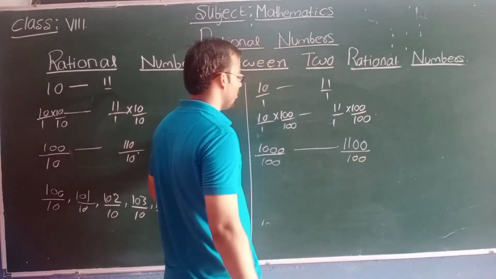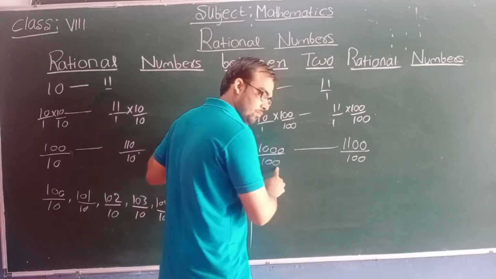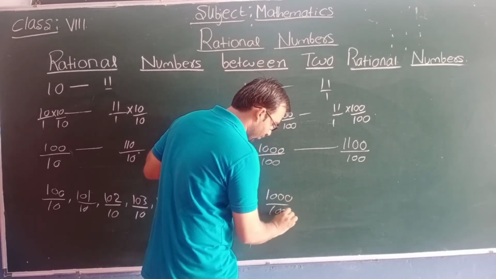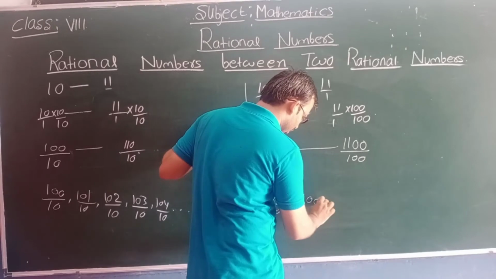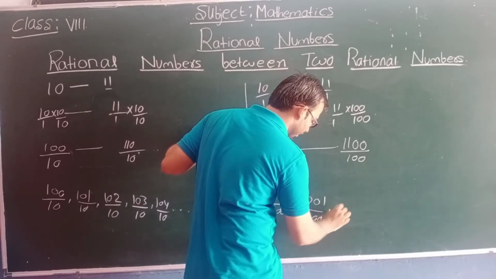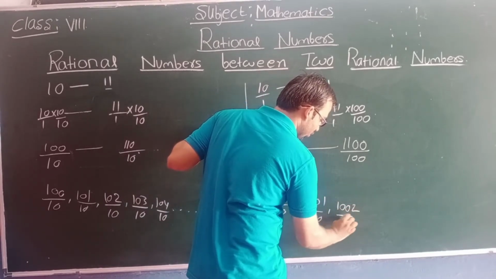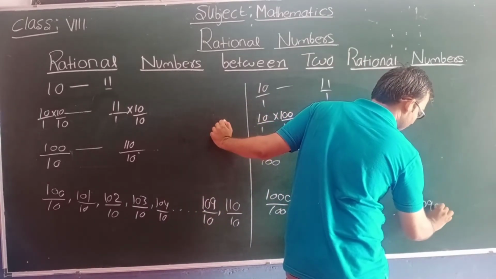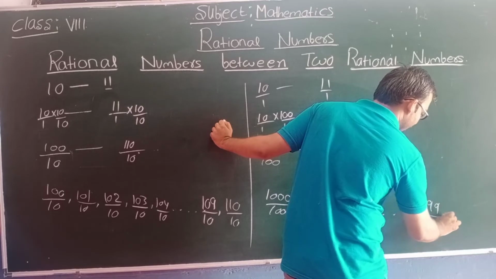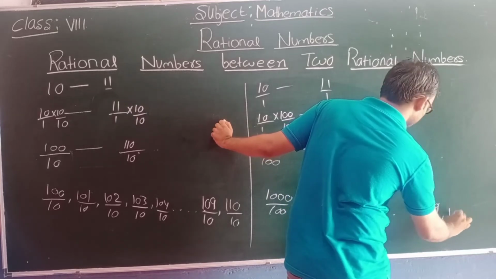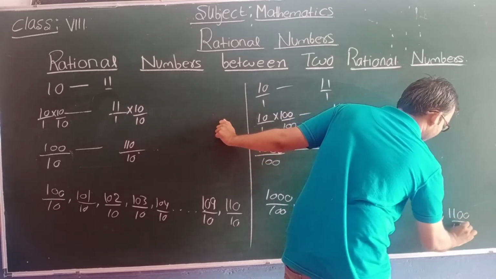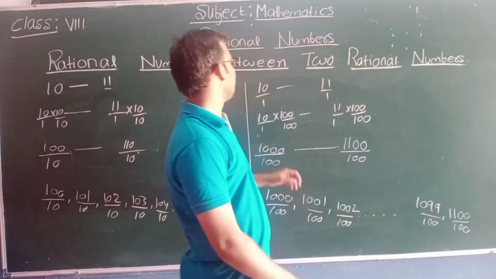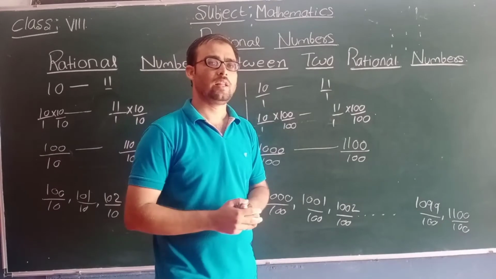Now you can write the numbers: 1000 by 100, 1001 by 100, 1002 by 100, up to 1099 by 100. So these are the numbers between 10 and 11.